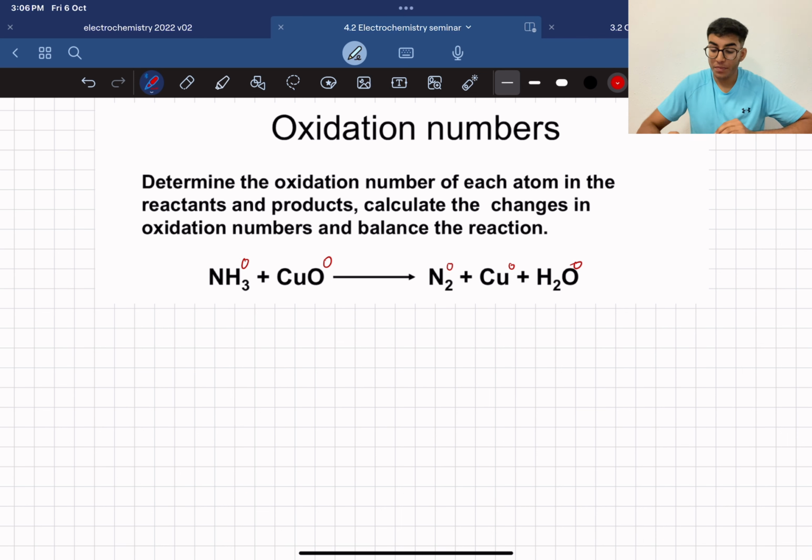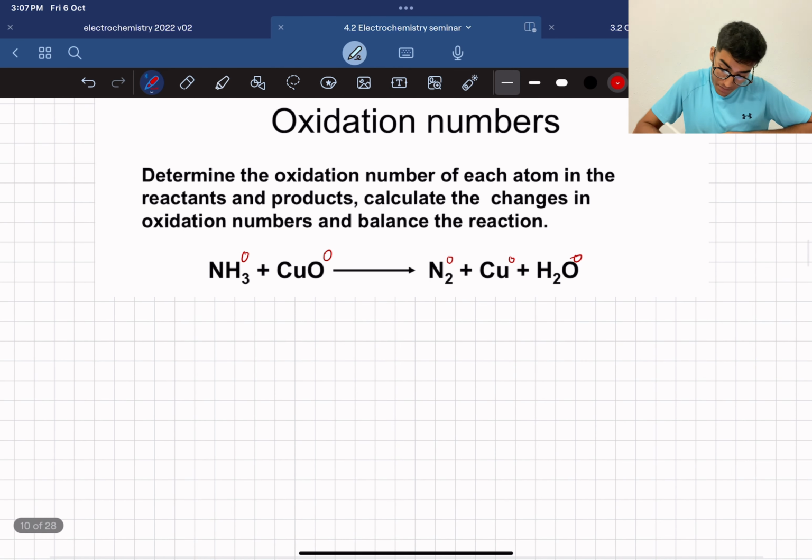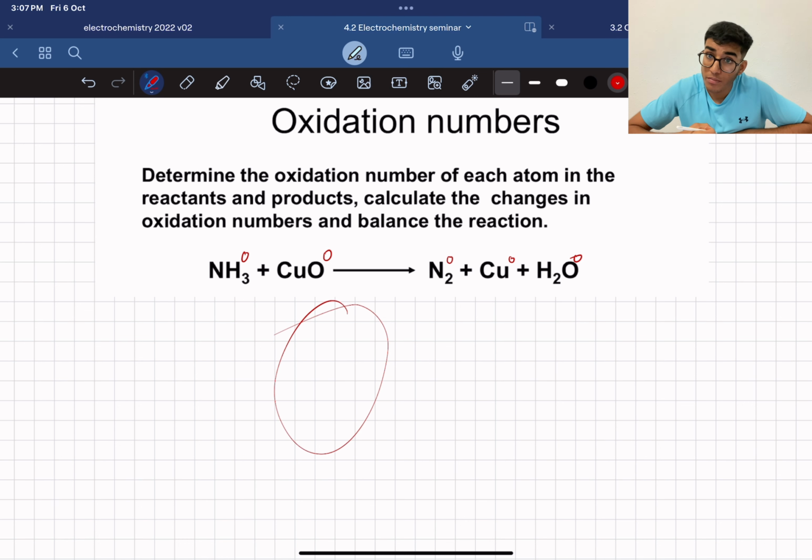Let's find out the individual oxidation states. Elements like Cu, H, F, He, any element which is in the singular form, just as C or like Cu or gold or silver, Ag, or mercury. If it's a single element, then always the oxidation state will be a big fat 0.